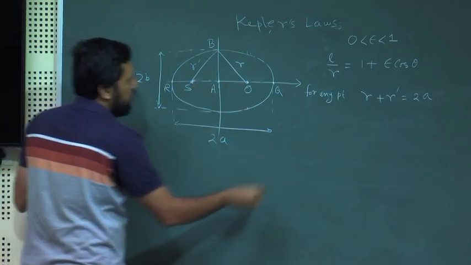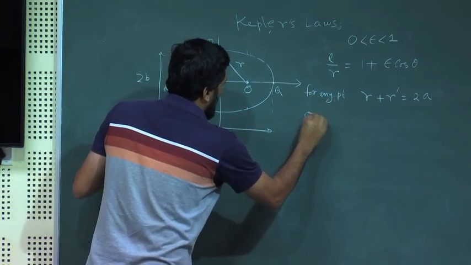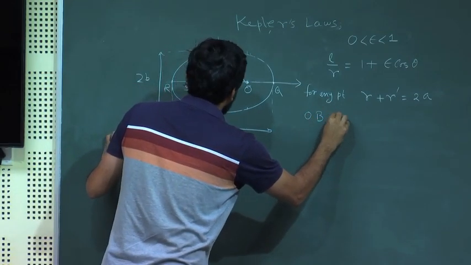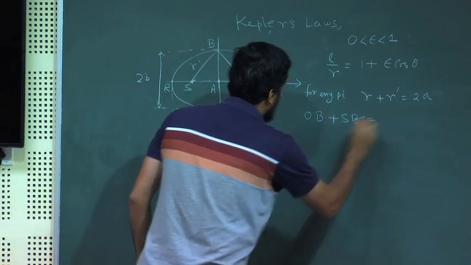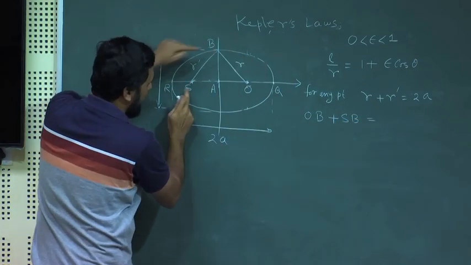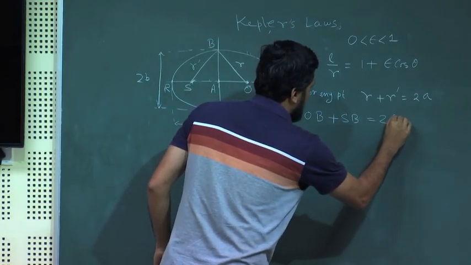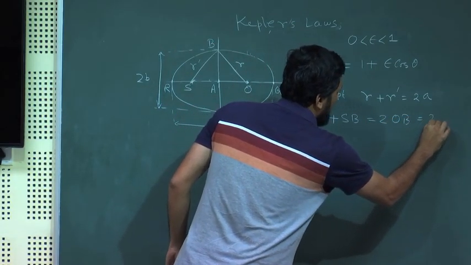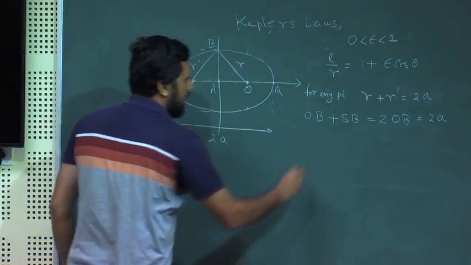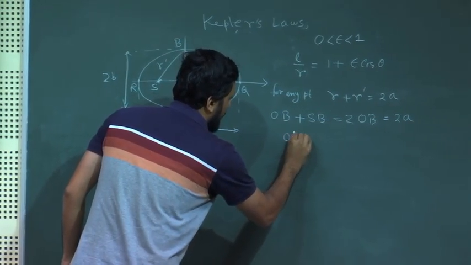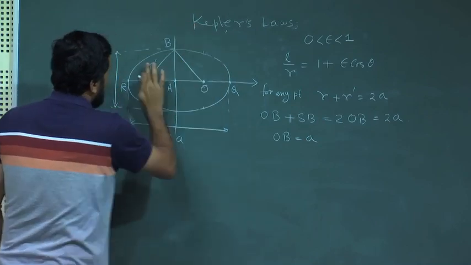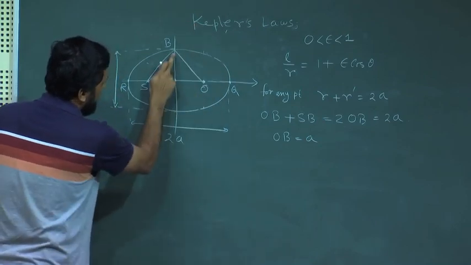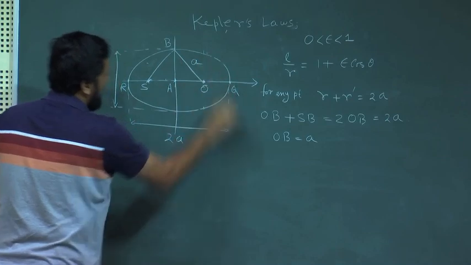So, OB plus SB, once again OB and SB are equal in length, we can write it as 2OB equal to 2A. Okay. So, that essentially tells us that OB is equal to A. So, we have just proved that this length is A.